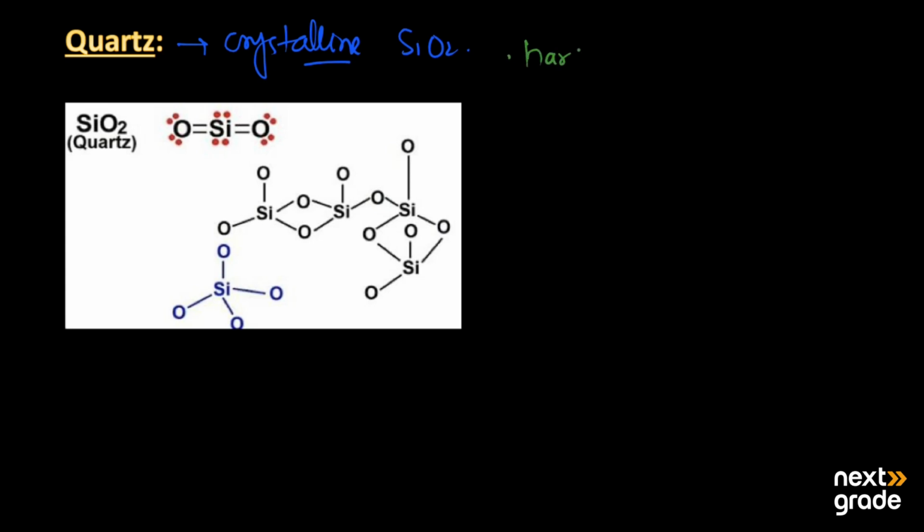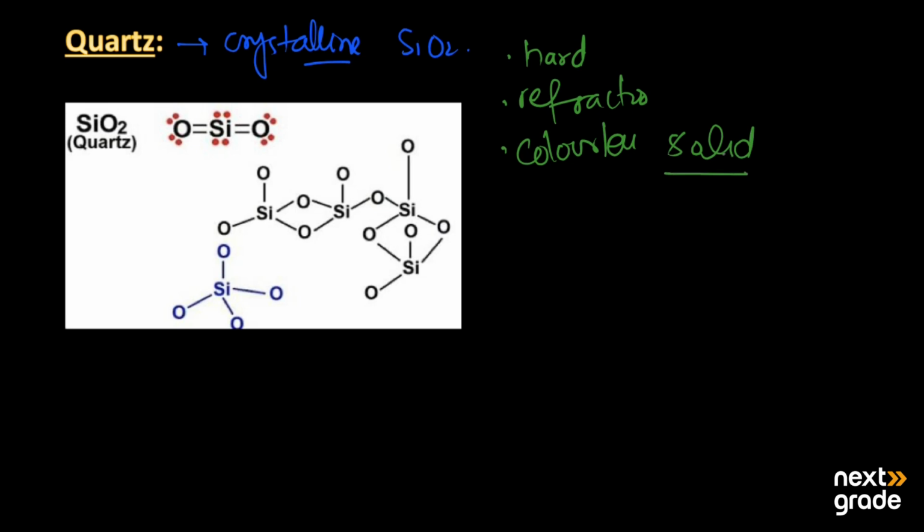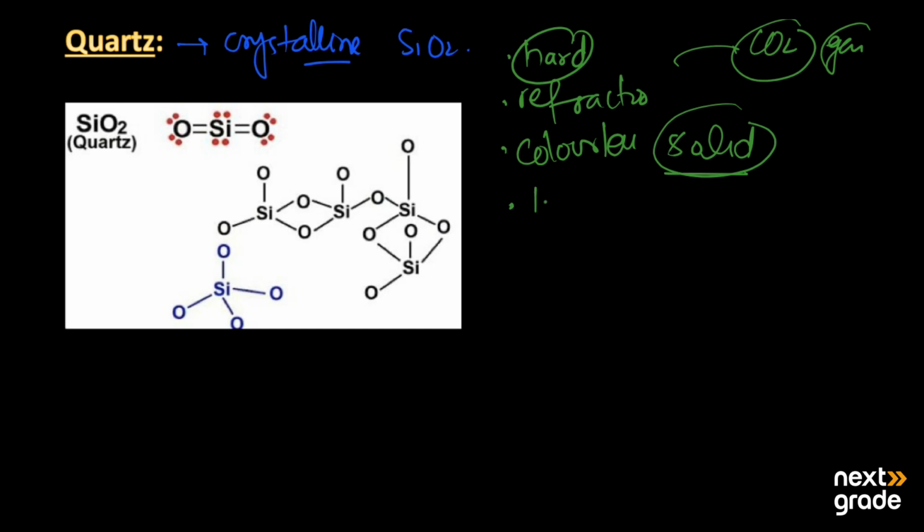It is hard, refractory, colorless, and present in the solid state. So it differs from the oxide of carbon, carbon dioxide, which was in the gaseous state, while this is hard and solid. On the other hand, quartz is highly brittle. Brittleness means one layer just slips over the other layer.